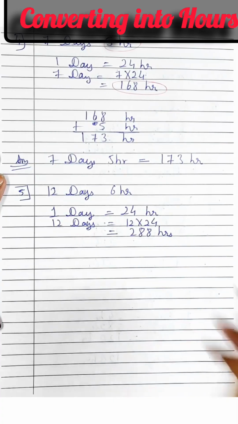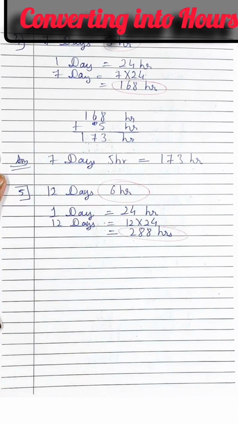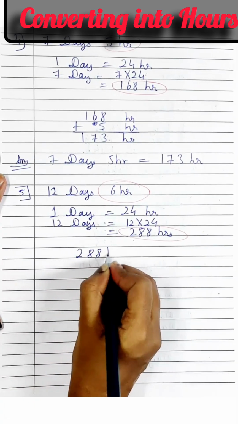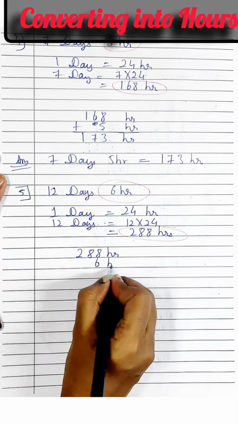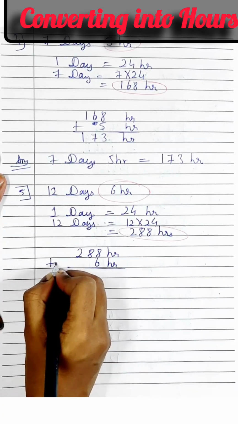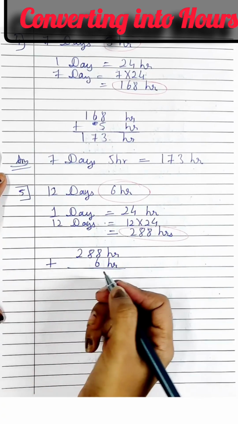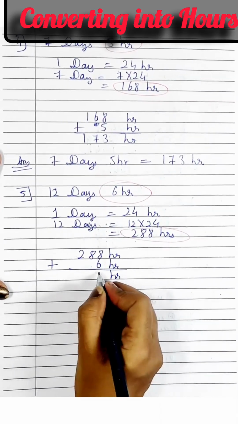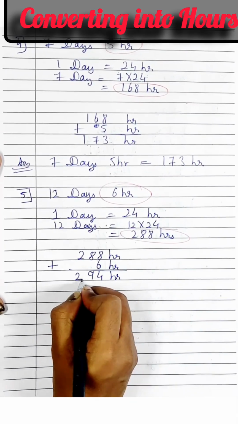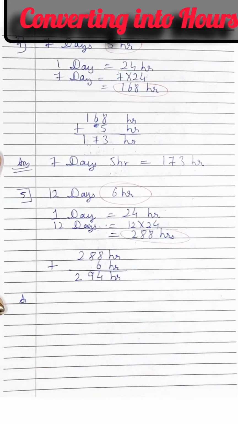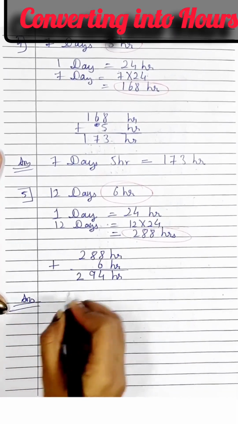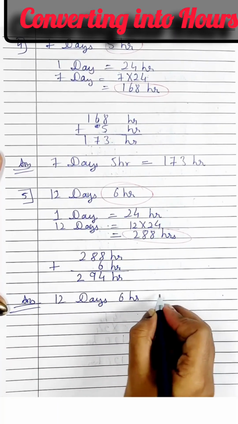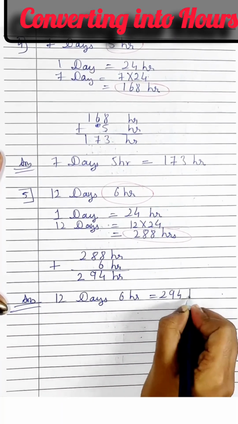Now you will add this and this hours. So total hours will be 12 days 6 hours means 294 hours.